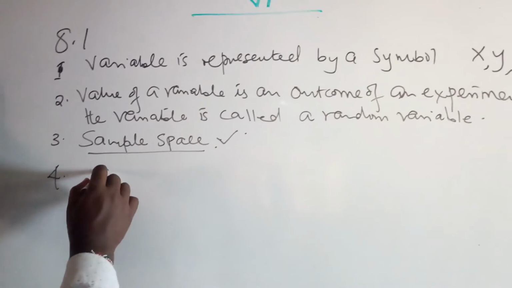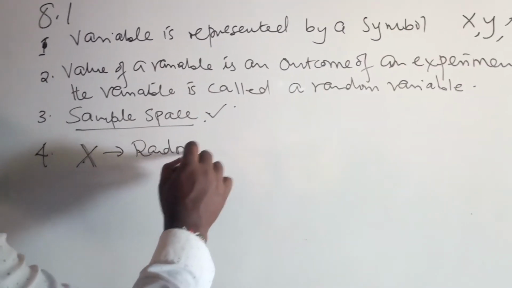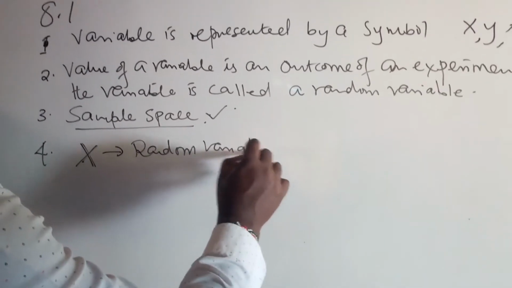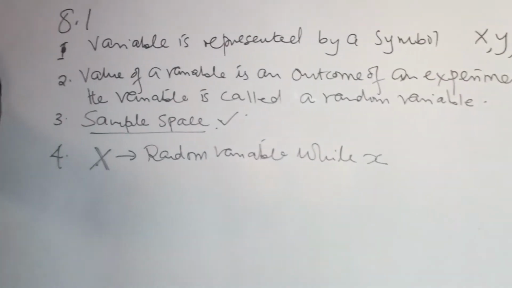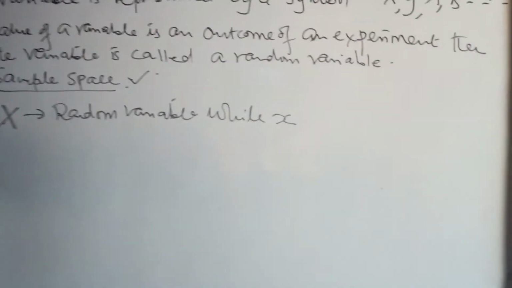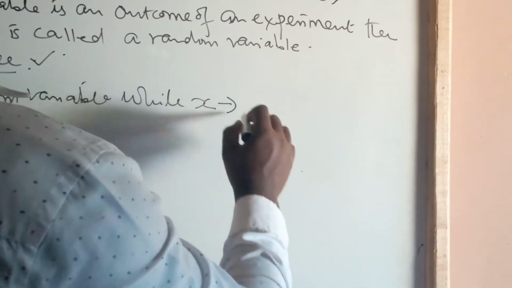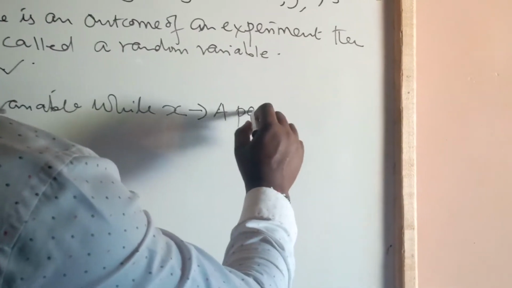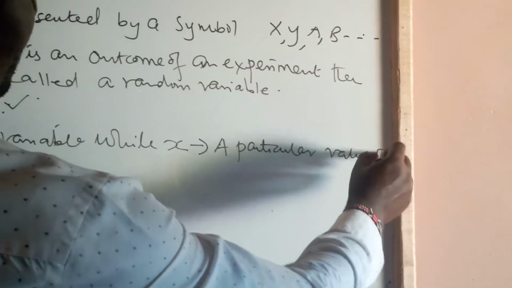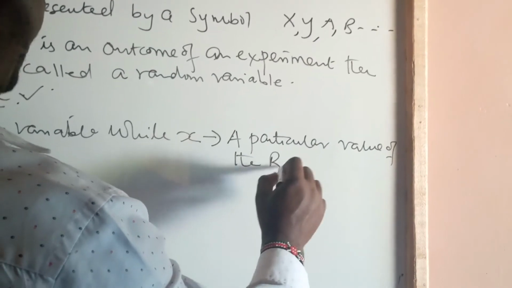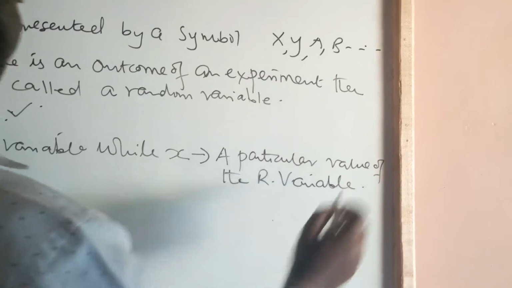So capital X is the random variable, while small x is a particular value of the random variable.